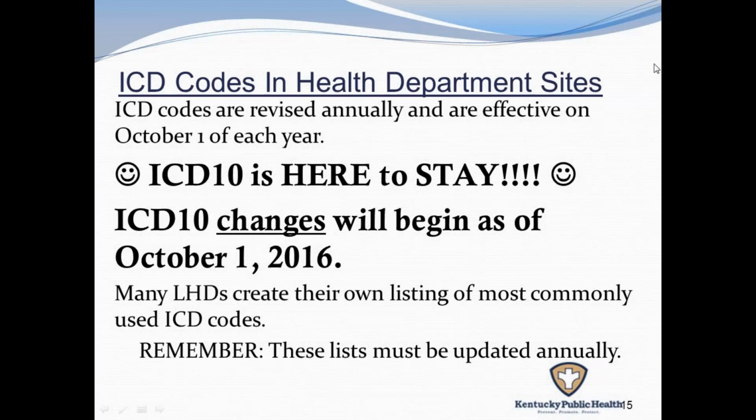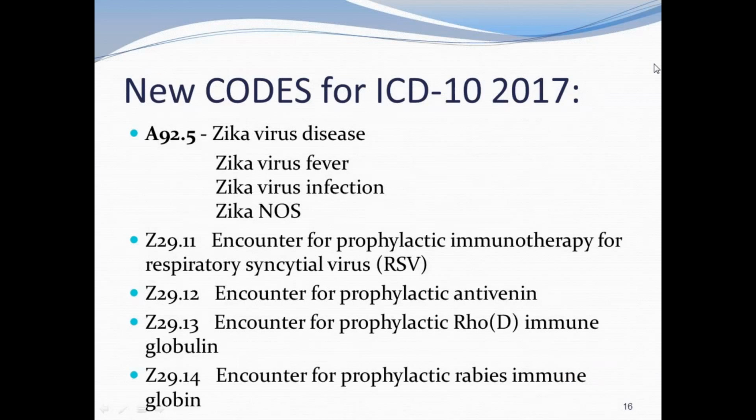Okay, with that being said, there is actually a code out there now. As of October 1st, 2016, they developed a code for Zika virus disease. Now, I don't know that you all will be using this code out there.